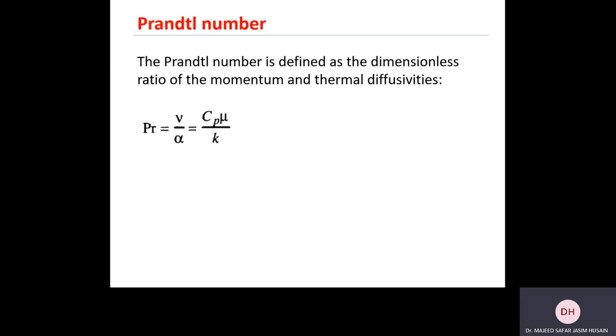So now what I want you to do is put these terms together in this equation and see how the density will cancel. The definition of the Prandtl number is momentum diffusivity over thermal diffusivity. Put the definition for each one of them and try to prove that the Prandtl number is Cp viscosity over K.